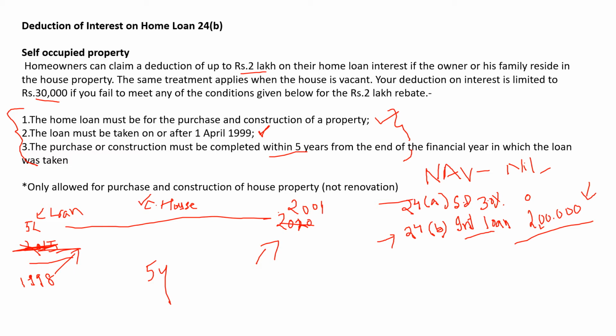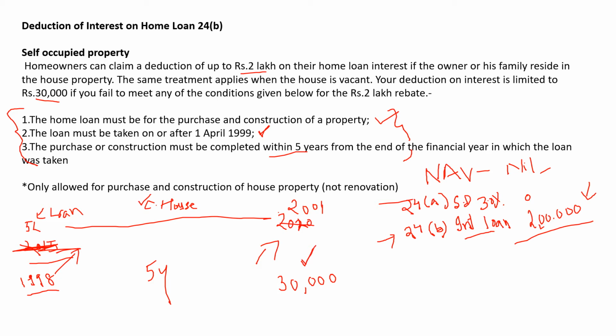How much deduction will I get? The loan was taken before 1999, so I will not get the 2 lakh deduction. I will get a deduction of 30,000 instead of 2 lakh. If any one condition is not fulfilled, we will get a deduction of only 30,000.